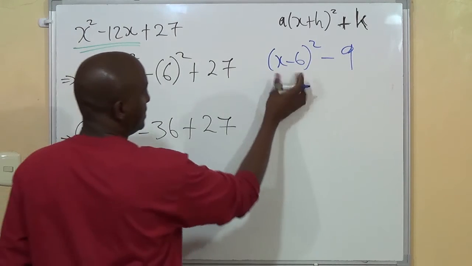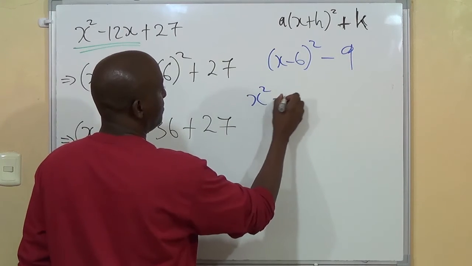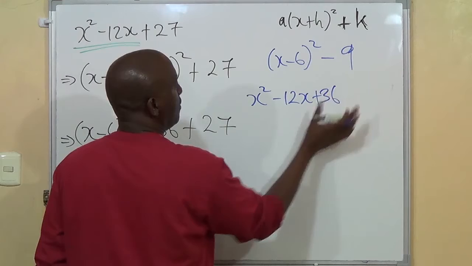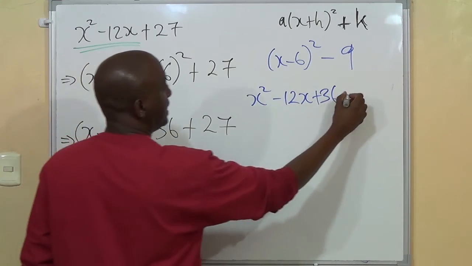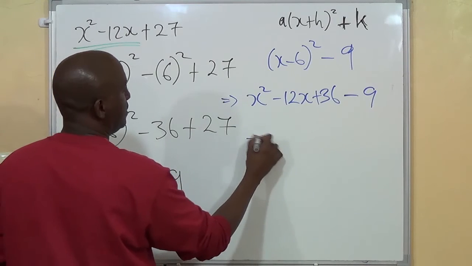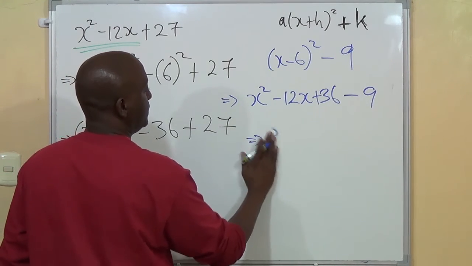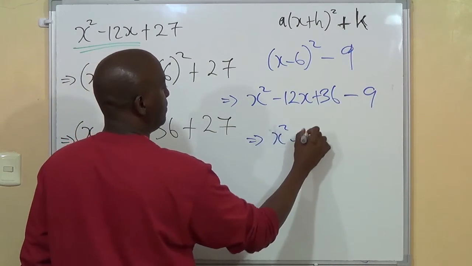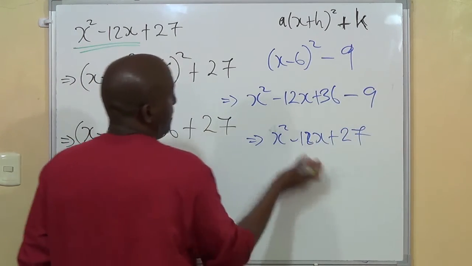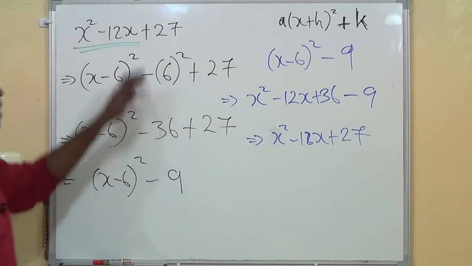So x minus 6 in brackets all to be squared is x squared minus 12x plus 36, and then the minus 9. So 36 minus 9 is 27, so you'll end up with x squared minus 12x plus 27. So you see, we end back up where we started.